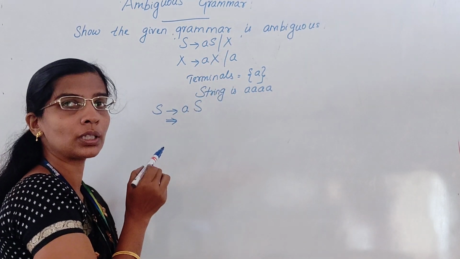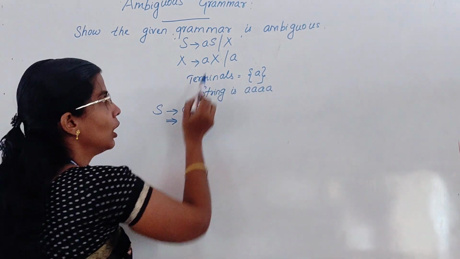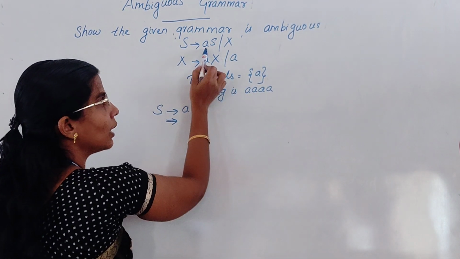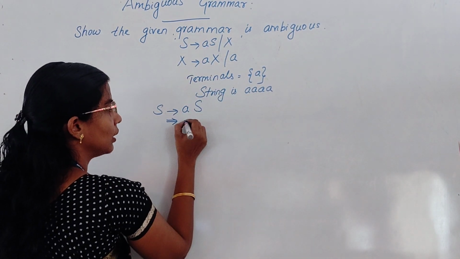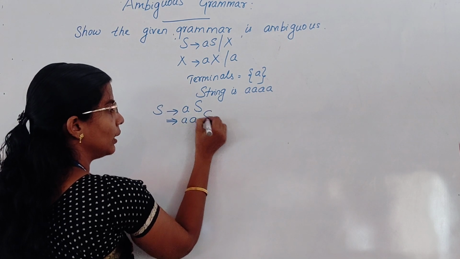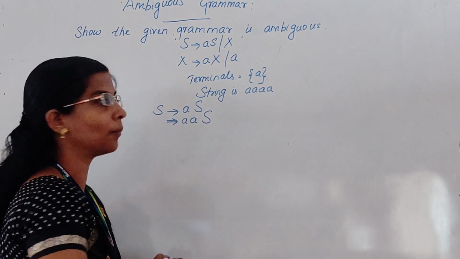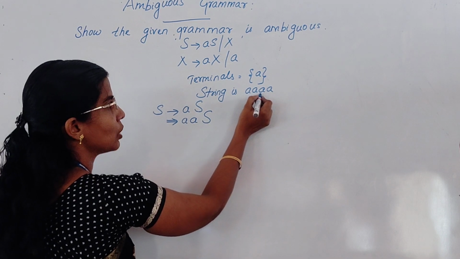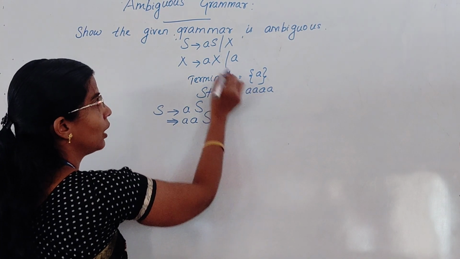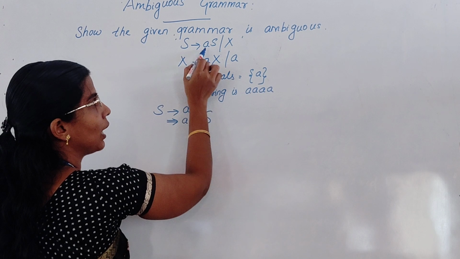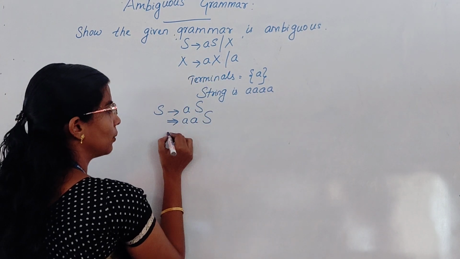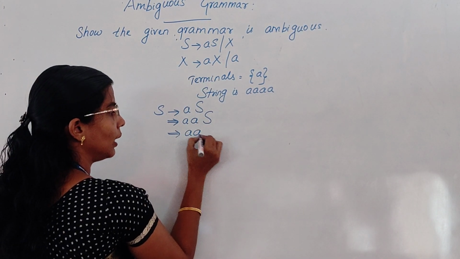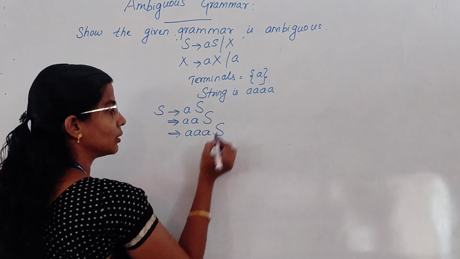S has two productions, I have to pick the right production. Since I need A, I will take this production. Next, the third character also needs A, so among these two productions, I have to pick this production only.